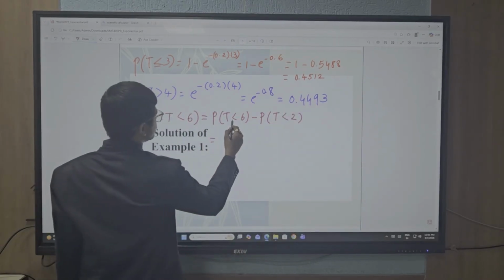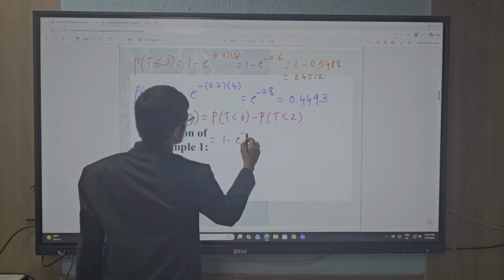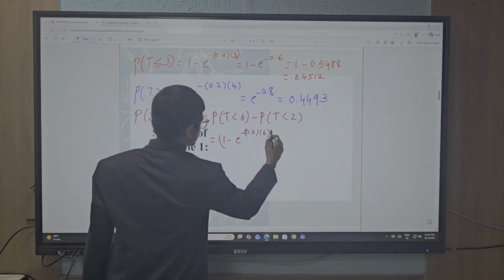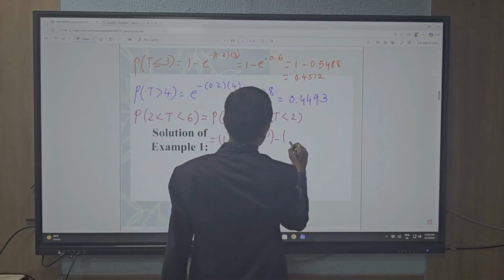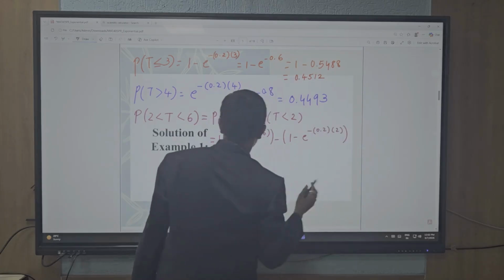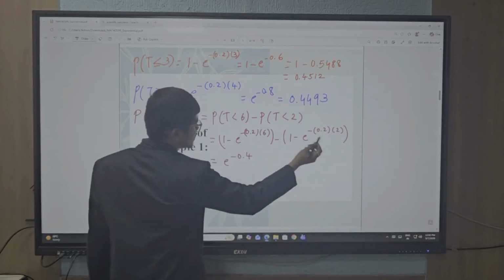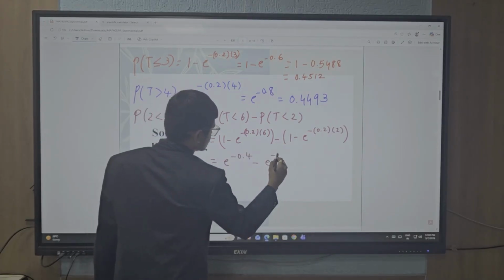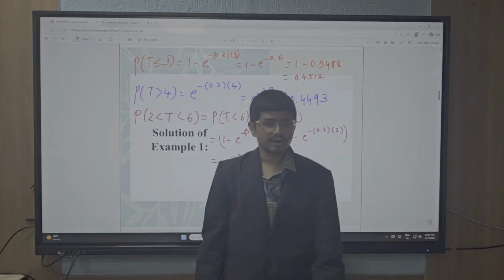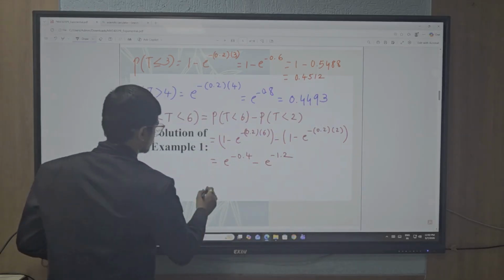T less than 6 is 1 minus e raised to minus 0.2 into 6, minus the bracket 1 minus e raised to minus 0.2 into 2. Solving the bracket, you get e raised to minus 0.4 minus e raised to minus 1.2.